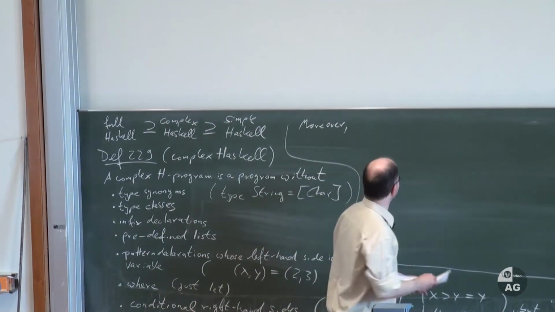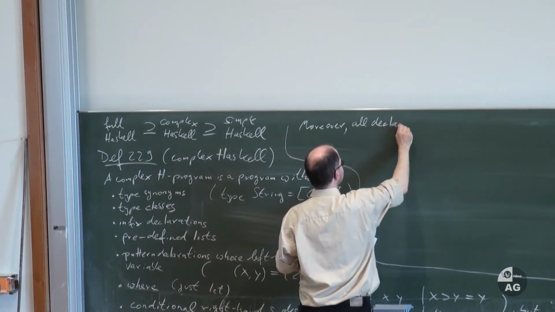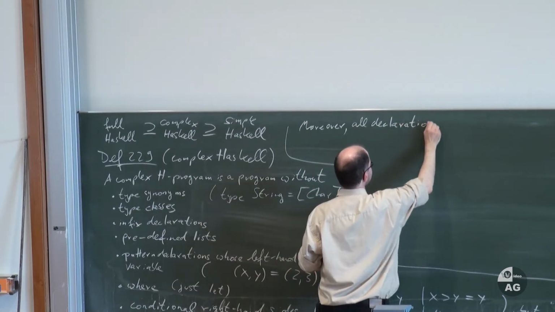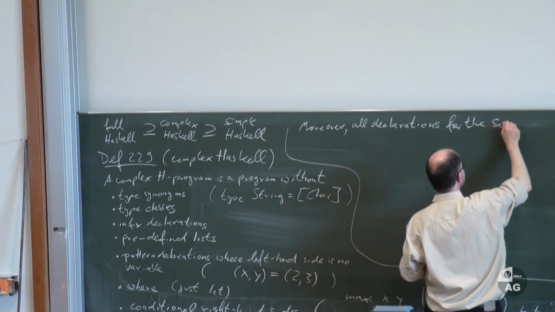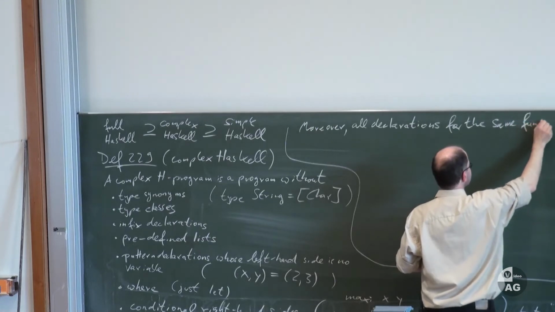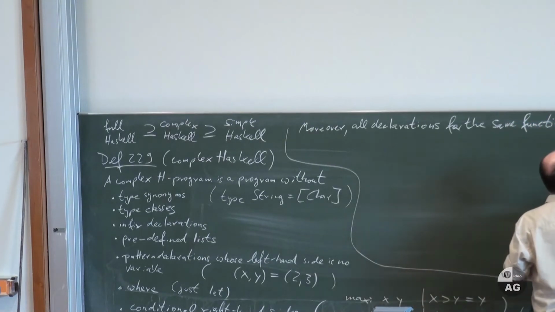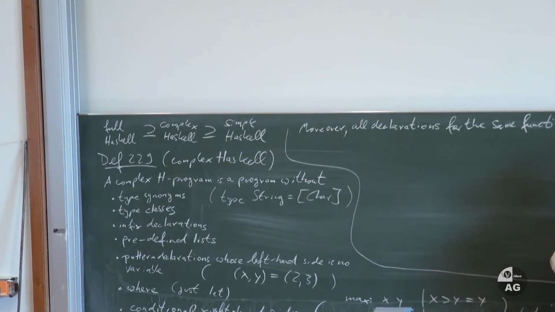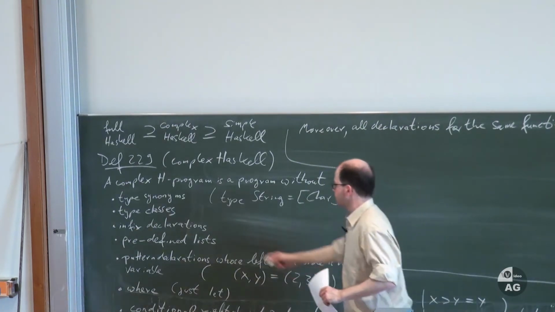And so let's just exclude it here. So all declarations for the same function must follow each other. So most of this is just, we avoid some syntactic sugar. The only real restriction is this one.